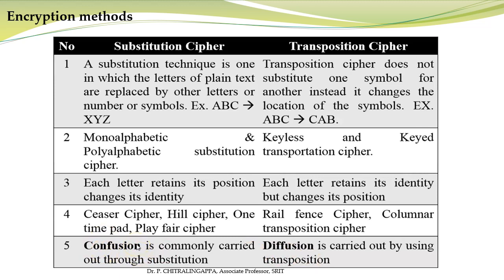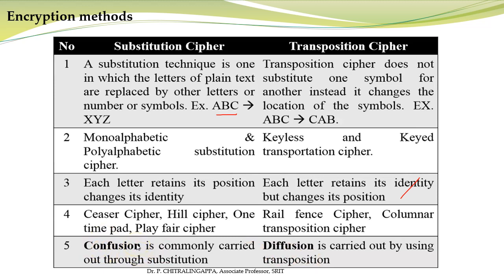There are two encryption methods: the substitution cipher and the transposition cipher. In the substitution technique, the letters of the plain text are replaced by other letters, numbers, or symbols. For example, we can replace plain text letters with other letters like x, y, z.